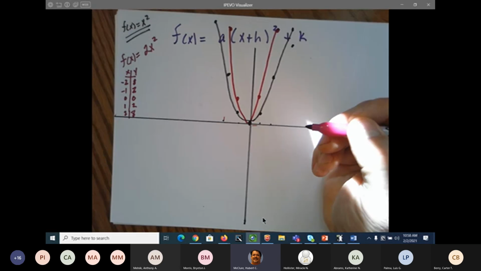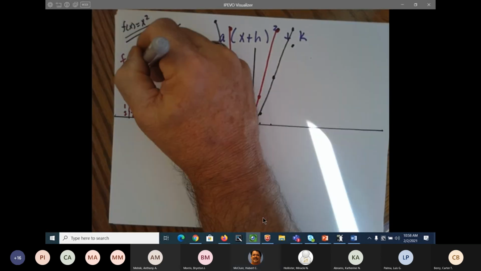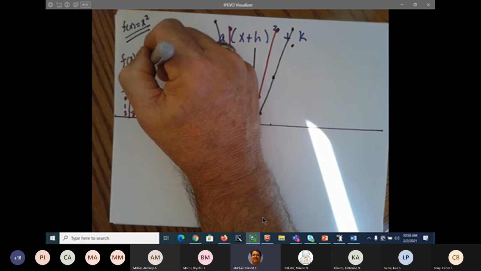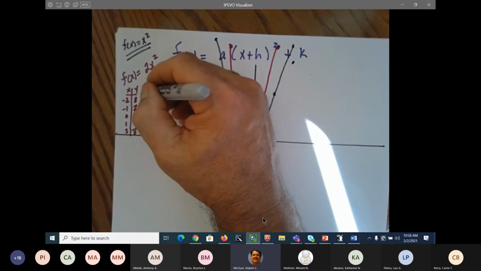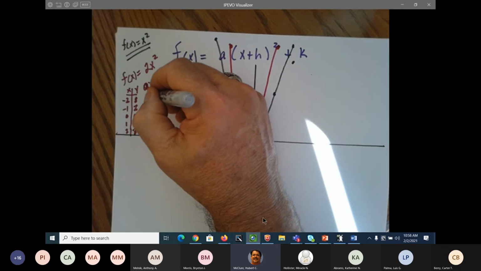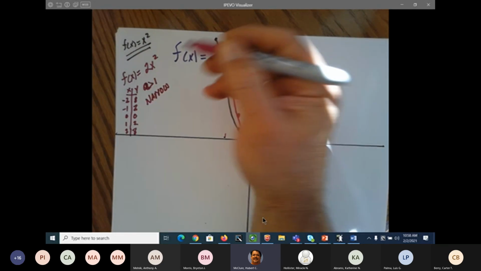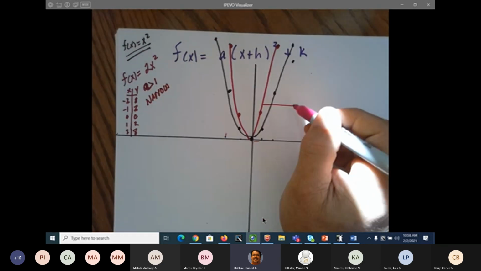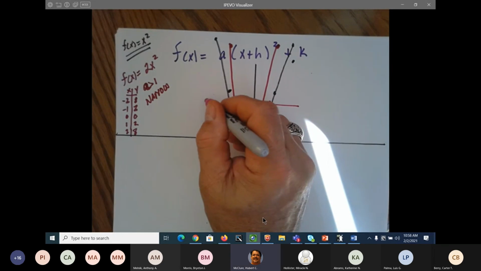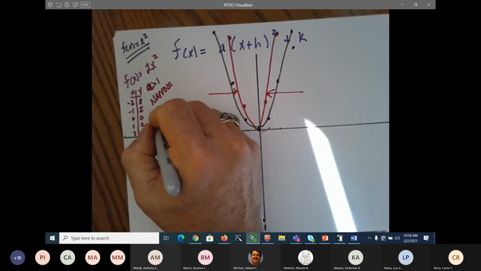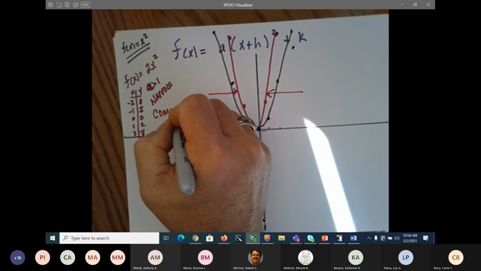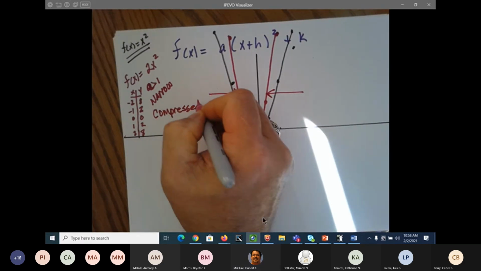Made it more narrow. So a greater than 1, well, that's a right there, means that it's going to be narrow. Now, what does narrow mean? That means it's compressed compared to the black one. It's compressed along the x-axis. What's the same thing along the y-axis?